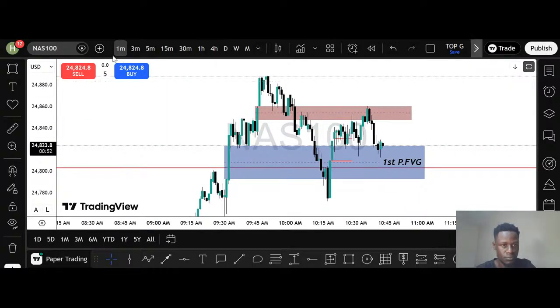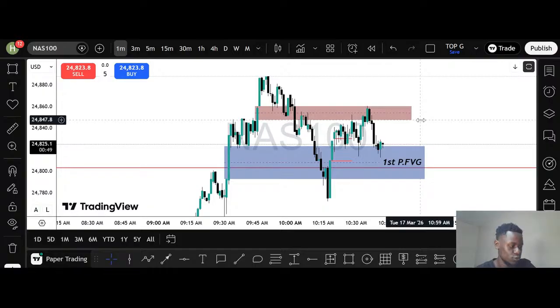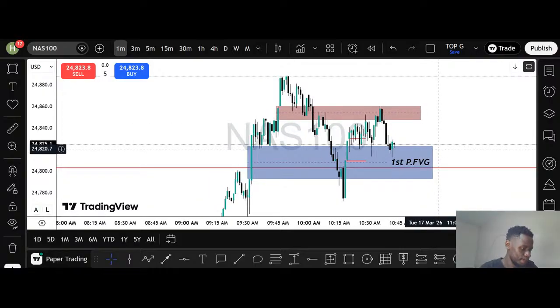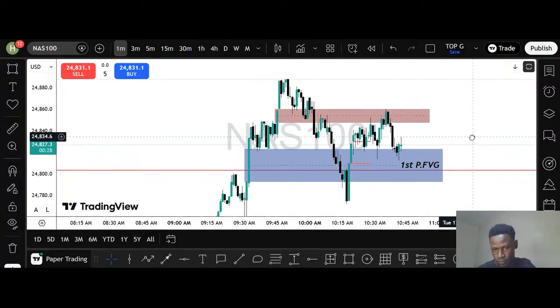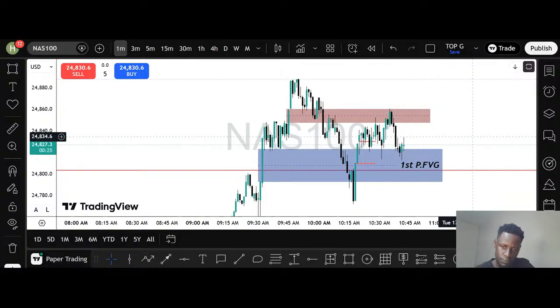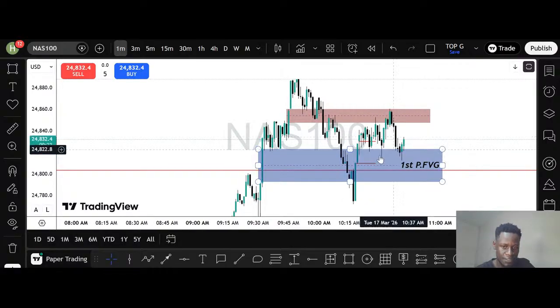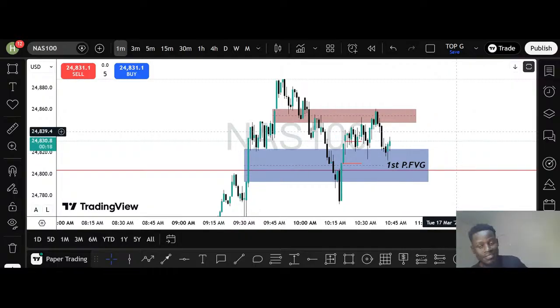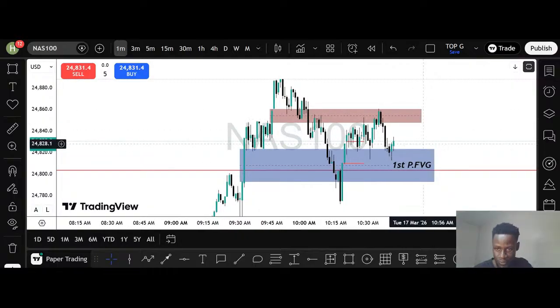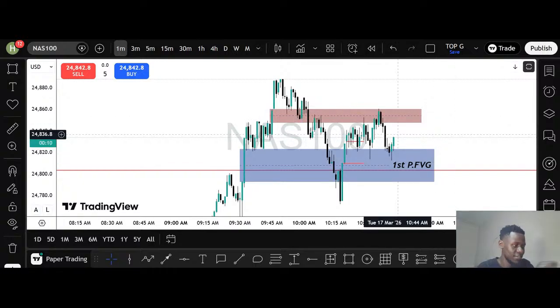So that's good. So I still believe this level might hold, though I'm not participating. If I'm to do anything, then maybe wait for the PM session or maybe 10:50, 11:10 macro.